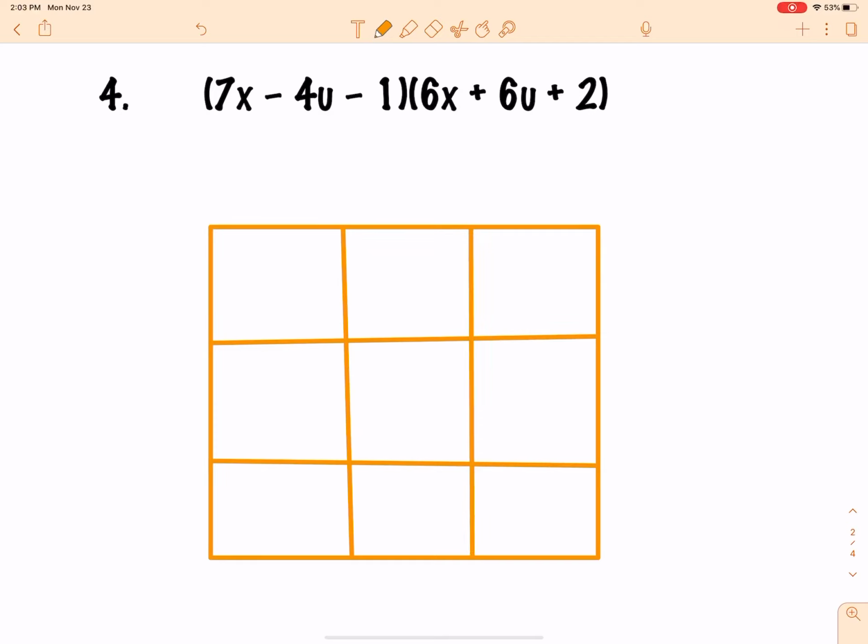And then you just put one of them, again, it doesn't matter. I usually like to take the first one and put it down the left side. But if you wanted to put that across the top, you would get the same answer. So it doesn't really matter where you put these. And then I'll put the second part on the top.